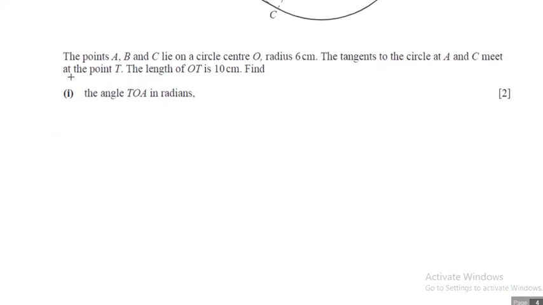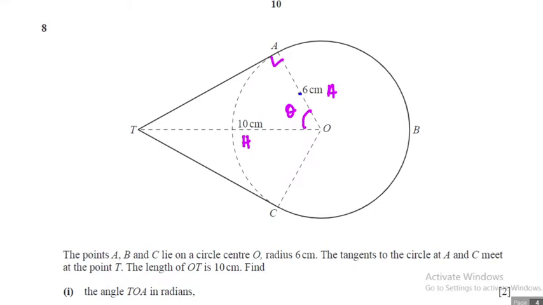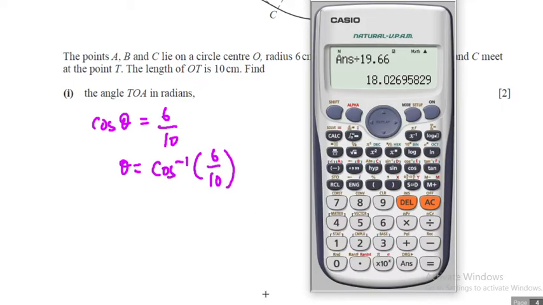All right, so I will write here cos theta equals A over H. So A is 6, H is 10. Okay, so I will write that the ratio is 6 over 10. And then from here, to find the theta, this one bring over, it becomes inverse cos 6 over 10. Okay, so let's see what is that.